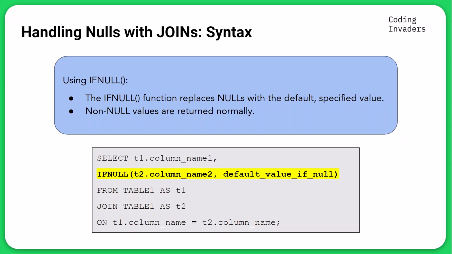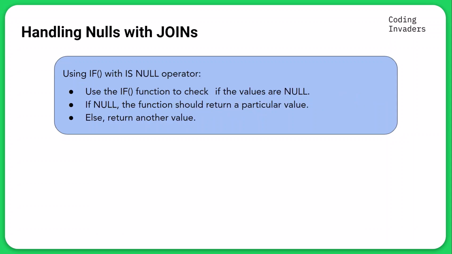It is IFNULL(t2.column_name2, default_value_if_null). So if this column is null, then whatever I am mentioning over here, the default value if null, should be given as the output. Another way we can handle nulls with joins is by using IF with the IS NULL operator.